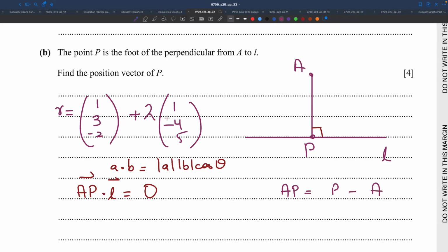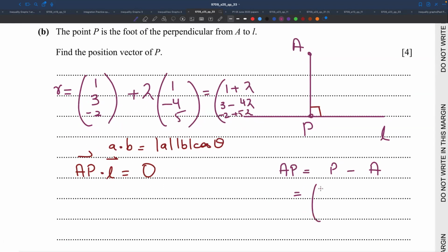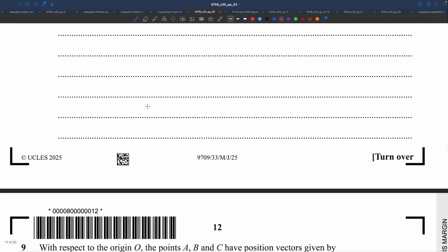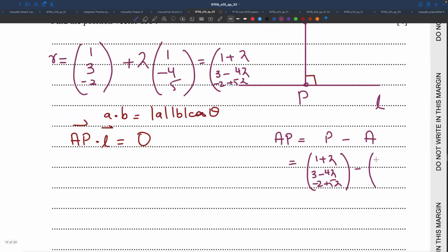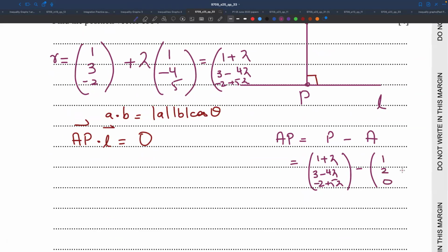Now as P lies on this line L, we can write its coordinates in the form 1 plus lambda, 3 minus 4 lambda, and minus 2 plus 5 lambda. Minus A, the coordinates of A are given as 1, 2, 0.